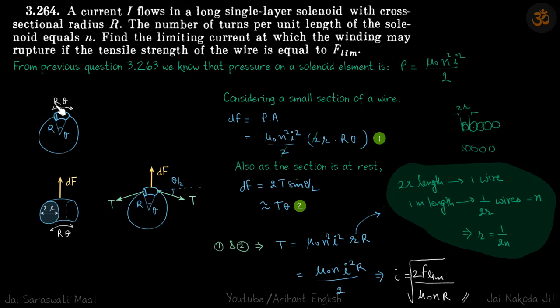Once again, we took a small part of the wire, and we know the pressure on that wire. So the force on that wire is pressure into area, and that force is equal to T d theta. By equating those two, we got rid of theta, and T in the limiting case is given. From that we got the maximum current I that can flow through it.